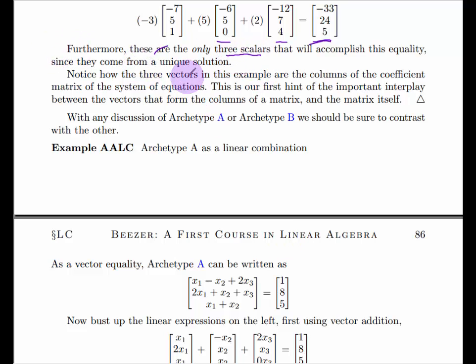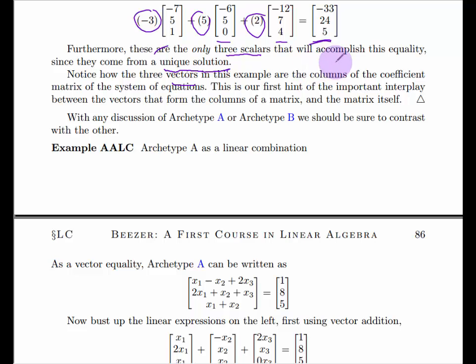Another important point here is that these are the only scalars because we've shown previously that there's a unique solution to the system. Any solution to the system will give us a set of scalars that gives us a linear combination that gives us the vector.